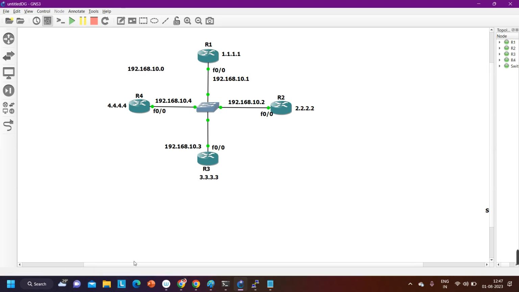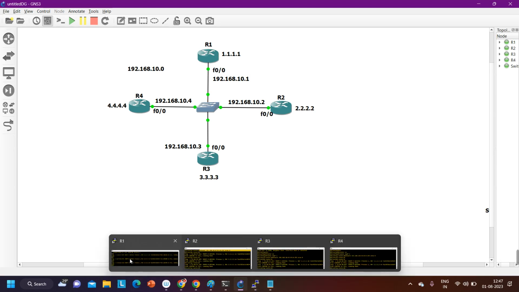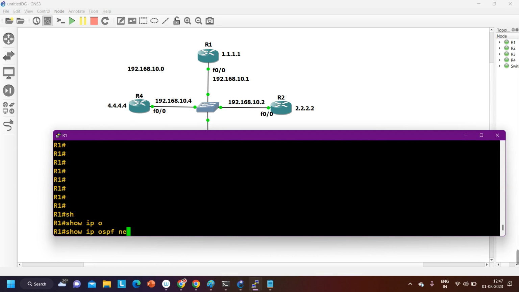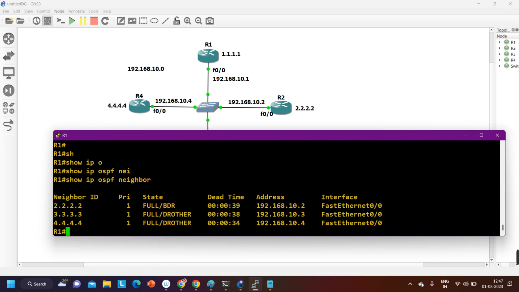Now in my scenario, if you check on any router with show ip ospf neighbor, who is my DR? Router 1 is DR, router 2 is BDR, and router 3 and router 4 are DR other.